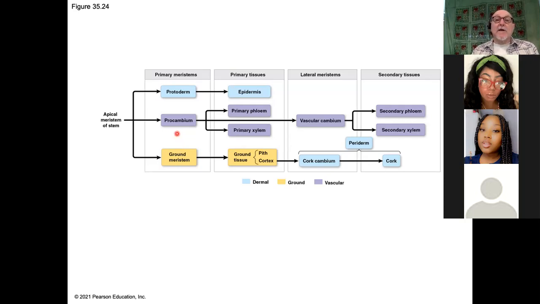For example, the ground meristem produces the cortex and the pith. But this ground meristem is interesting because it retains the ability to form new meristems. For example, the Cork Cambium forms from ground tissues.